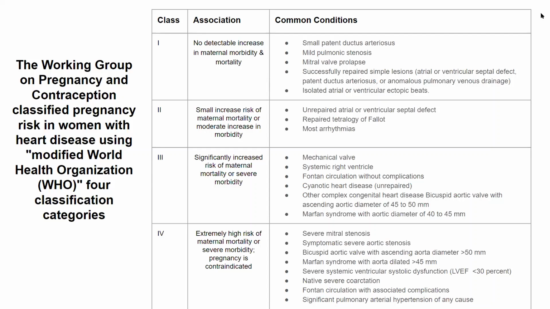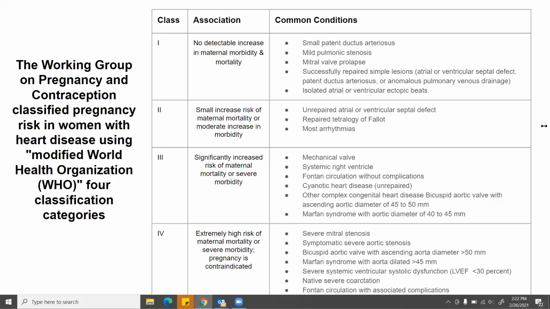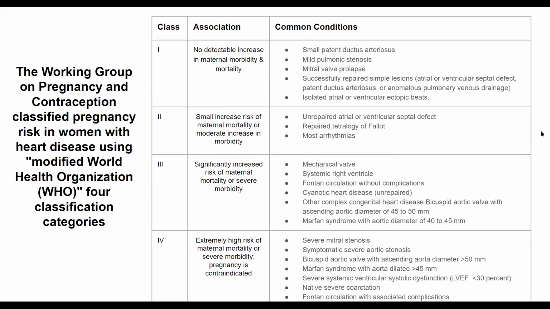So you can see that class 1, there's really no risk with these type of, like, pulmonic stenosis or mitral valve prolapse, where we used to give antibiotics, but we don't anymore, or small lesions that are repaired. People that can still do their ADLs or that type of thing. They just need to be closely monitored during their pregnancy.